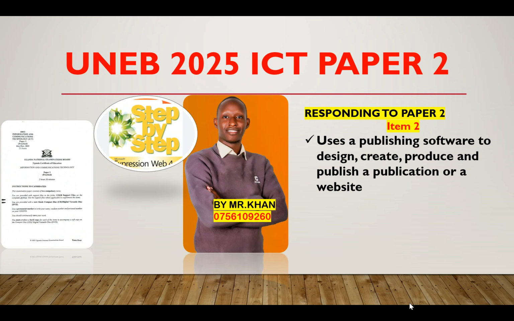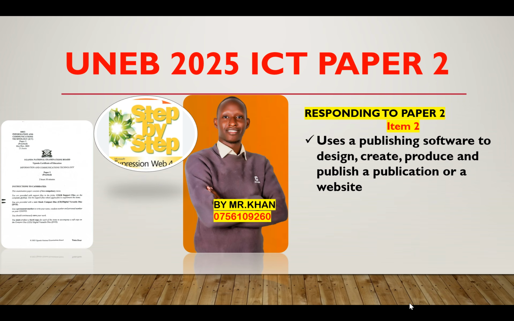Today we are going to revise our ICT Paper 2 2025, basically Item 2, where we shall see using publishing software to design, create, produce and publish a publication or a website.